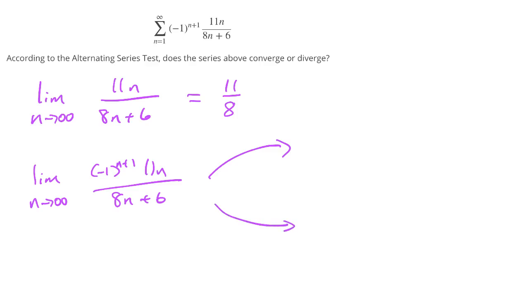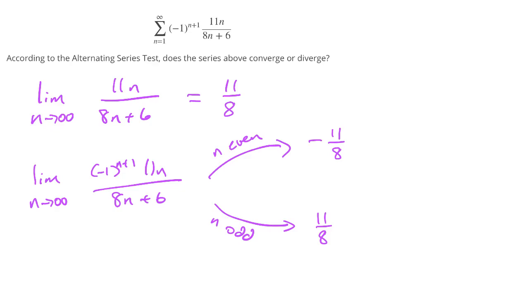If we have even indices, then minus 1 to the n plus 1 is negative, so these terms head off to negative 11 over 8 for n even. On the other hand, if n is odd, then minus 1 to the n plus 1 will be a positive value, so those terms will head off to positive 11 over 8.